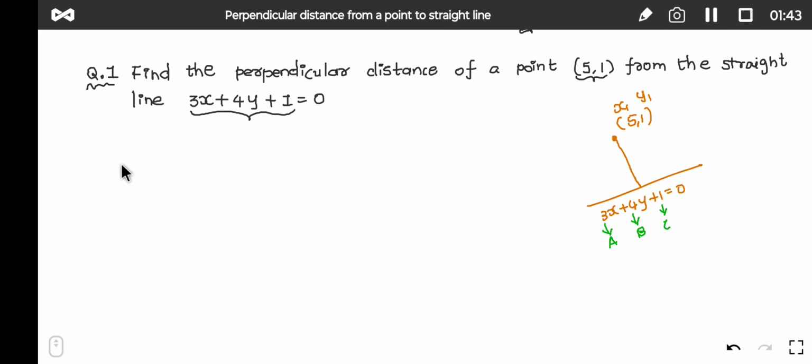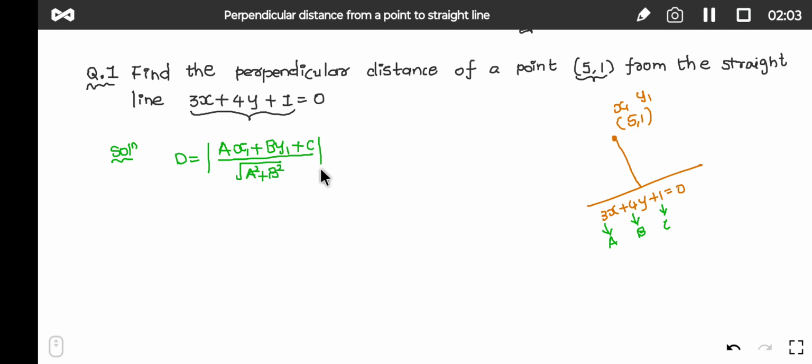So we'll apply the perpendicular distance formula and substitute the values. d is equal to modulus of ax1 plus by1 plus c upon root of a square plus b square. Substitute the values.